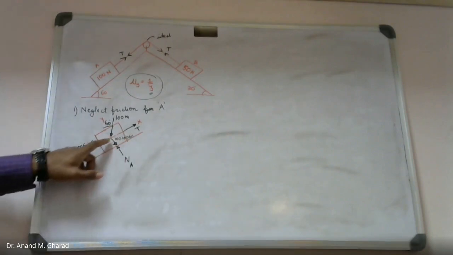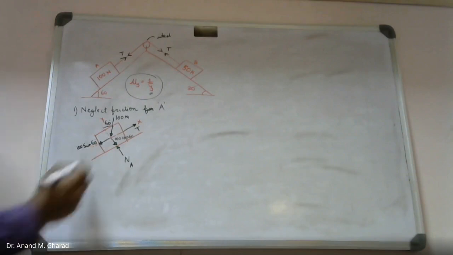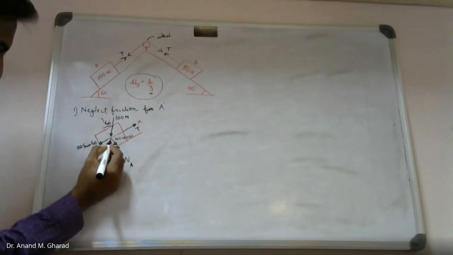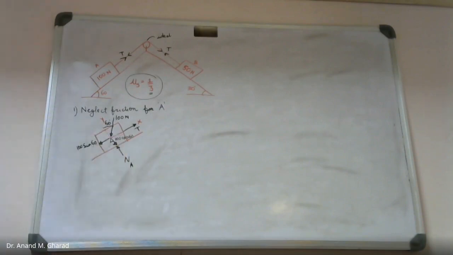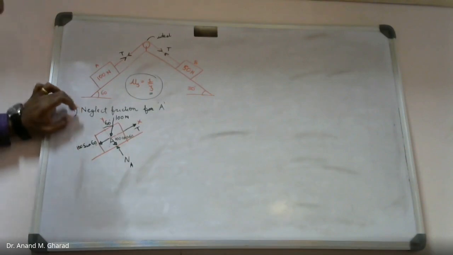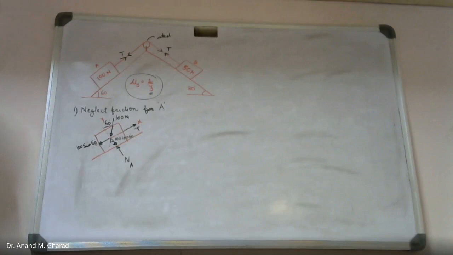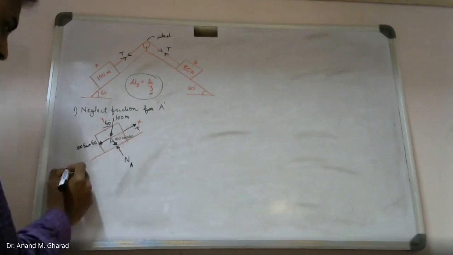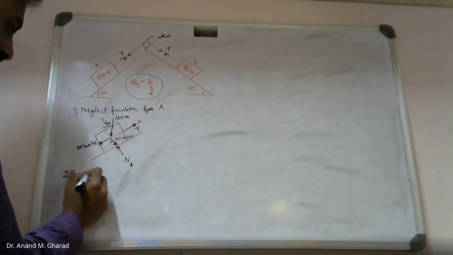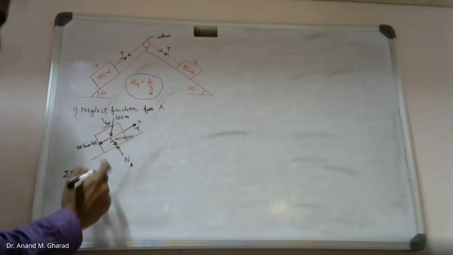This horizontal component will be the sine component, because if I extend this line of action of force, this will be 60 degrees, so this will be 100 cos 60. Okay. So now with respect to this frictionless free body diagram, I can say that if I apply summation of forces in x direction equal to 0, because this is in equilibrium, right?